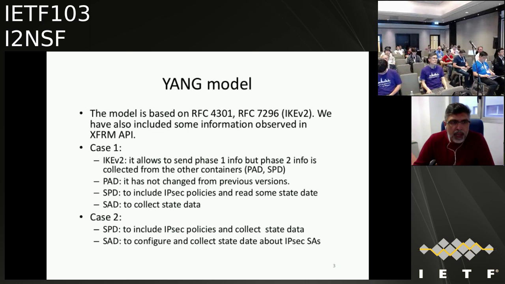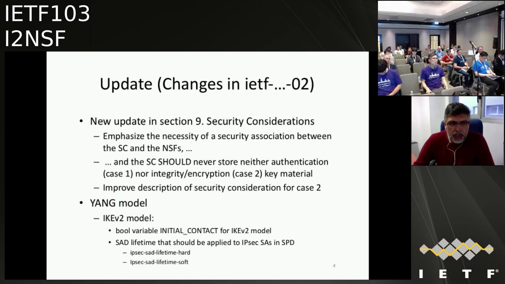In the case of the YANG model, we have updated the IKEv2 model. We have included the initial contact element to allow an IKEv2 peer to send an initial contact notification to the other peer in case of an IKE node restart.